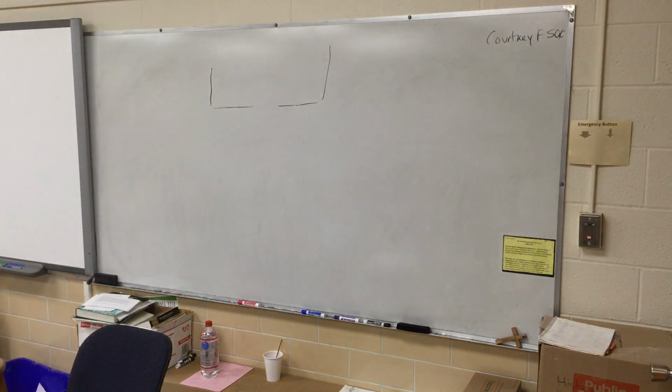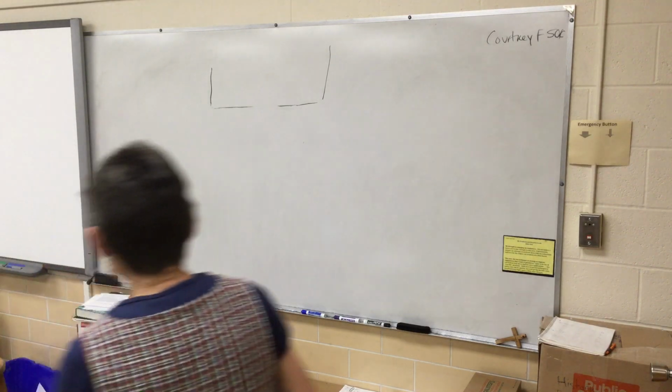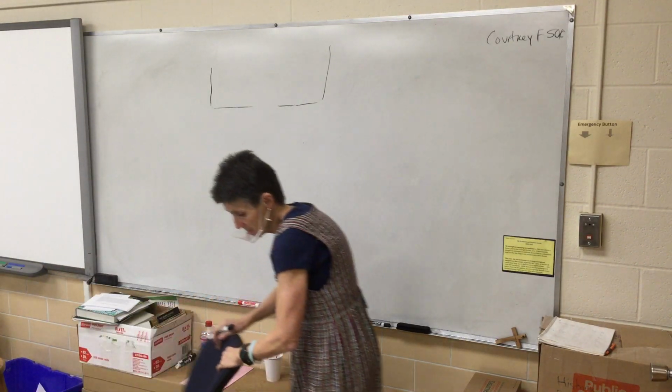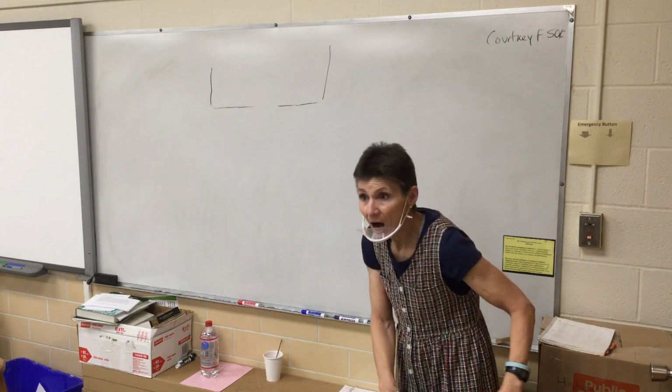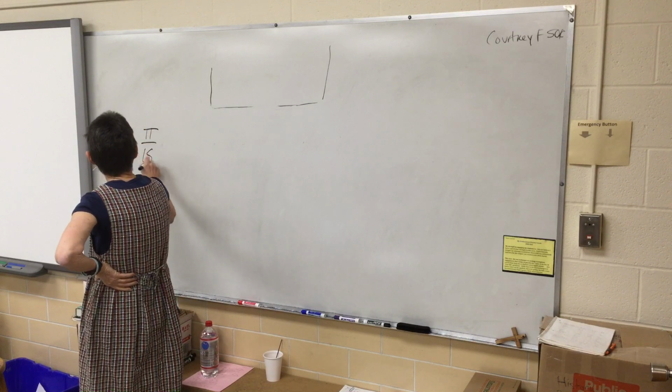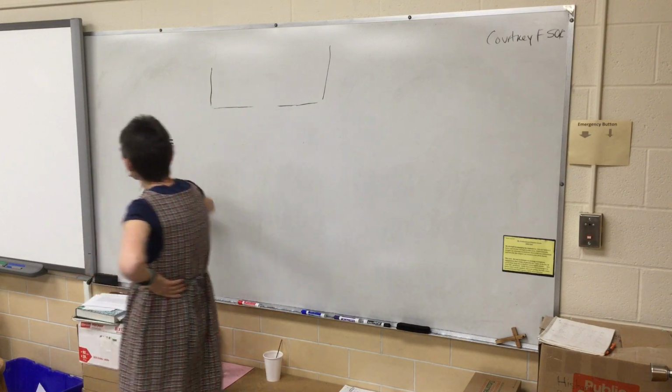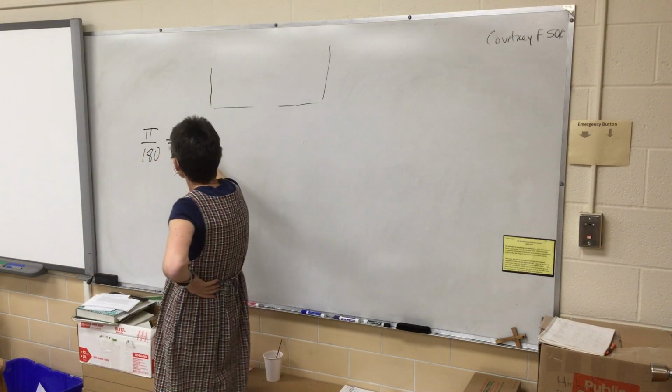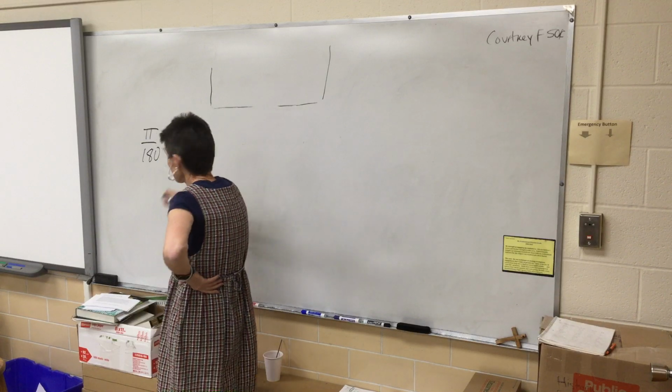Just like in chemistry, you change from inches to centimeters, we're going to change from degrees to radians, and it's very, very simple. You're going to do it the same way every time. You're going to say pi over 180 equals radians over degrees.